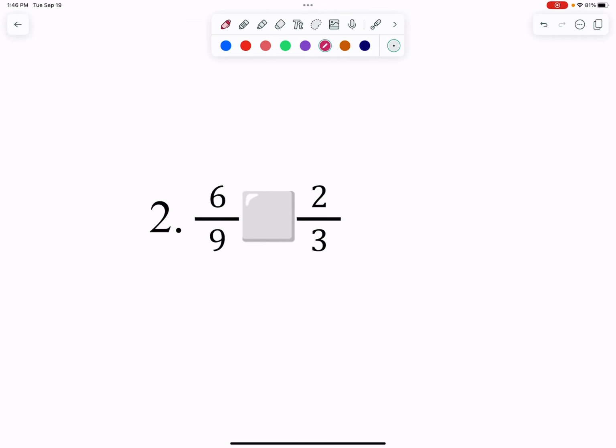One more time, just for good measure. When I multiply this direction, 6 times 3 is 18. When I multiply this way, 9 times 2 is also 18. So here's what that tells us. I know that 18 is in fact equal to 18.